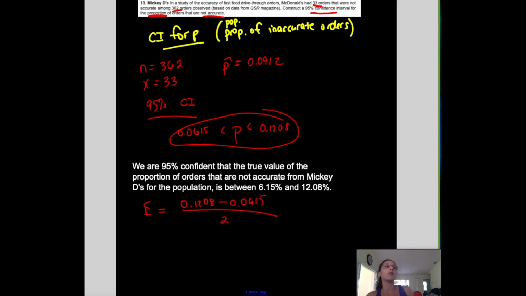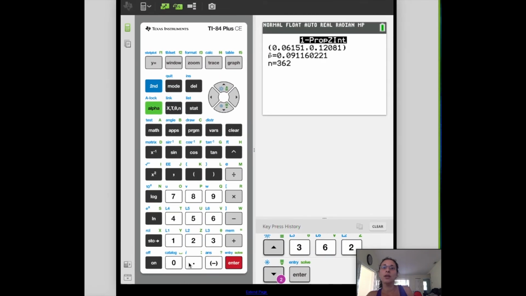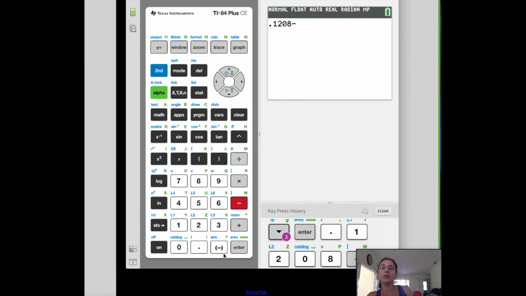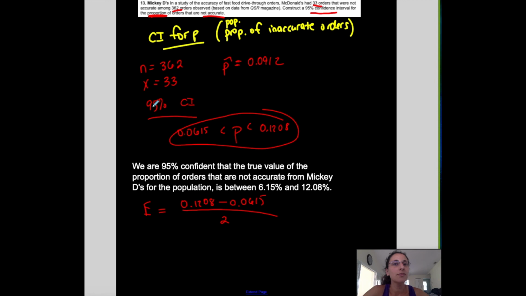I could do it that way also. 0.1208 minus 0.0615, and then divided by 2. I get approximately 0.0297. 0.0297 is my margin of error.